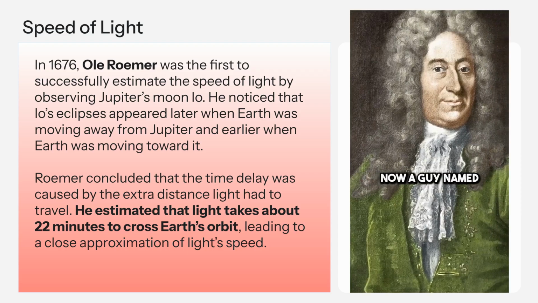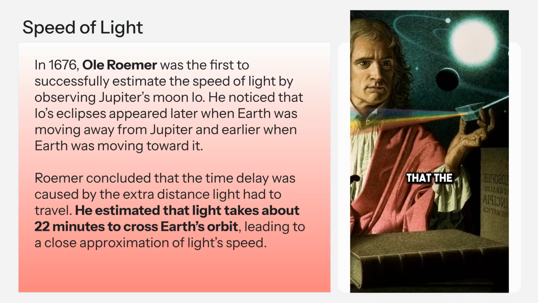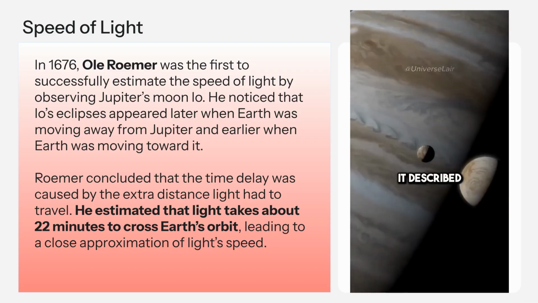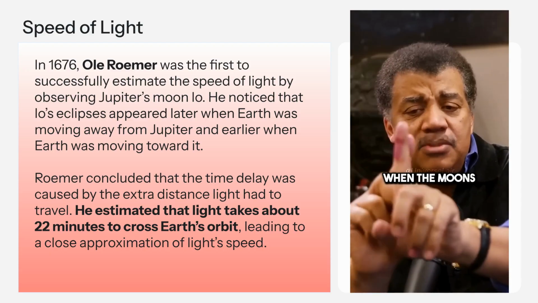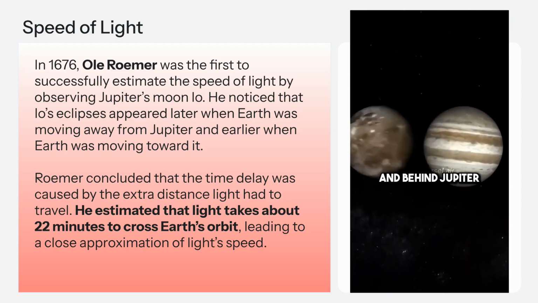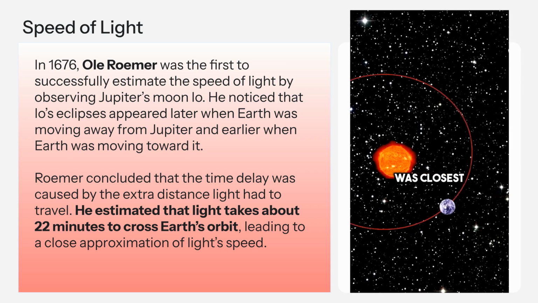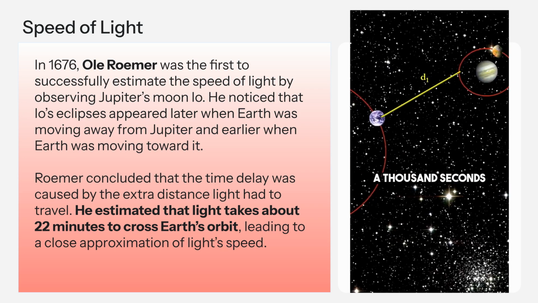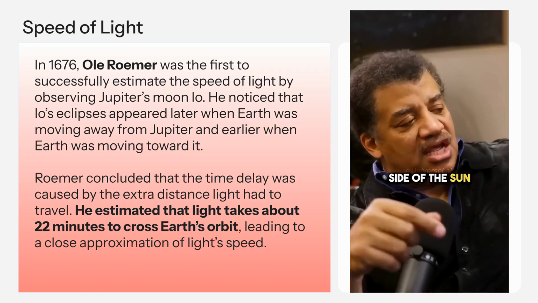Now, a guy named Ole Romer, at the time he did this, we knew that the Newtonian gravity not only described the moon around Earth, Earth around the sun, it described Jupiter's moons around Jupiter. You calculate when the moons pass in front of and behind Jupiter. What he found was that when Earth was closest to Jupiter, the eclipses occurred 1,000 seconds sooner than when Earth was on the opposite side of the sun from Jupiter.